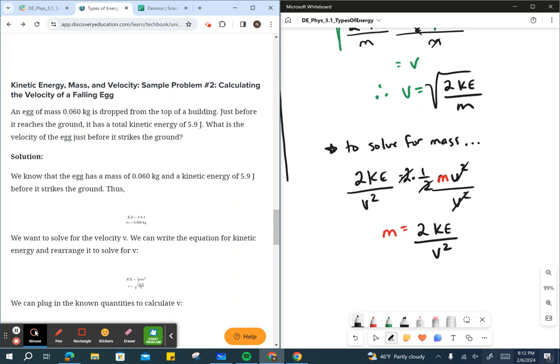Then the second set of problems, they're asking what is the velocity, right? They give you a mass, they give you the kinetic energy, so you have to rearrange your formula to solve for V, just like we did. So go through the problems, practice your calculations.